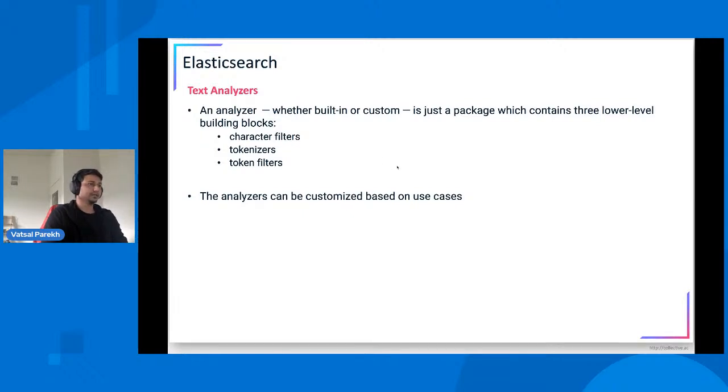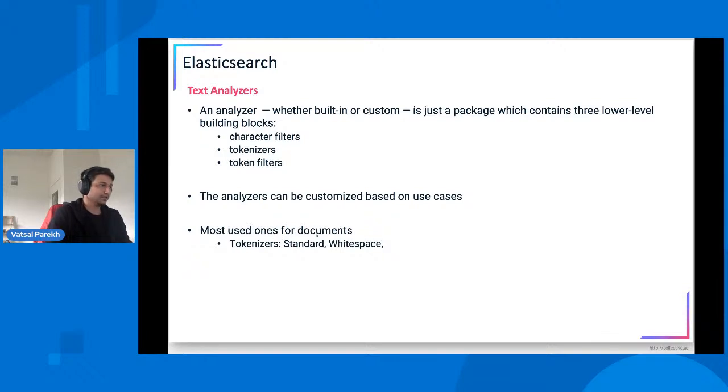If you have different use cases, you can customize. For a small amount of text, you might want a different analyzer for a document. You might require something like stemming and lemmatizing. So you can create an analyzer based on your use cases. For the most used one for documents, the tokenizer would maybe be standard or whitespace.